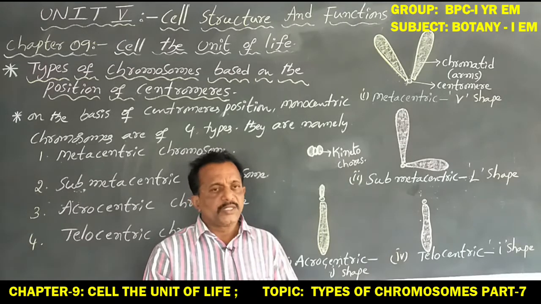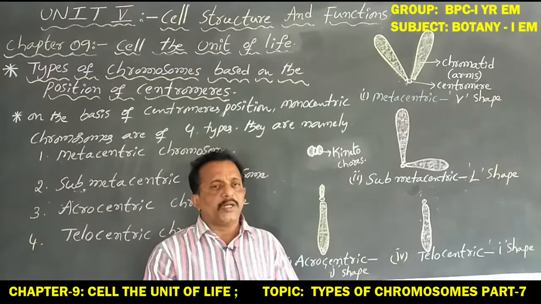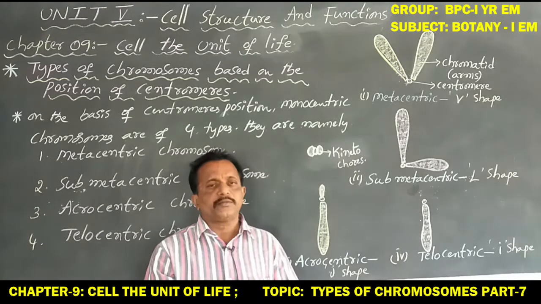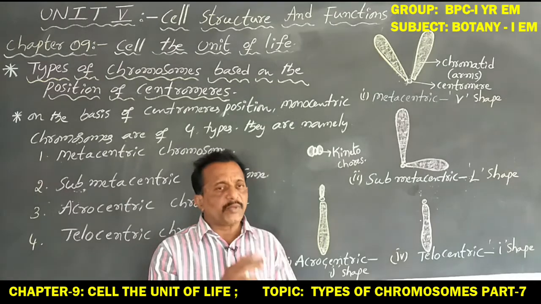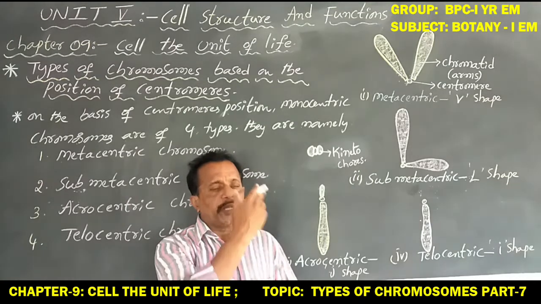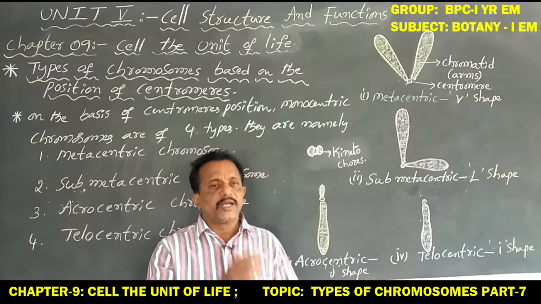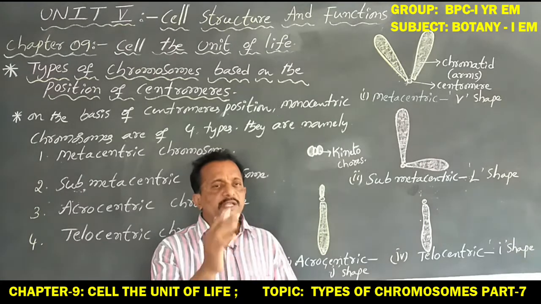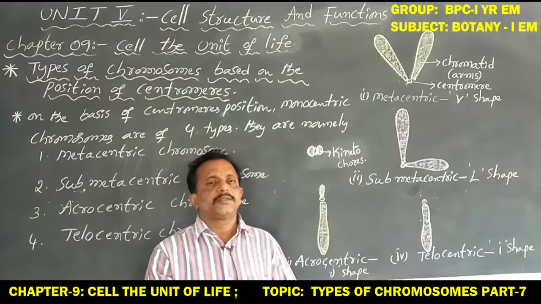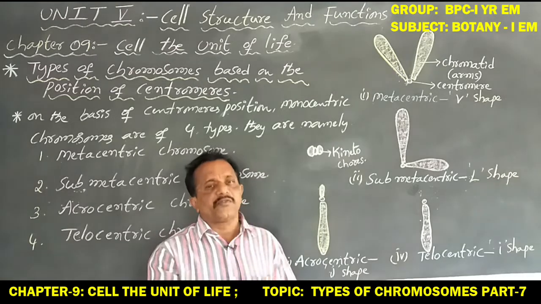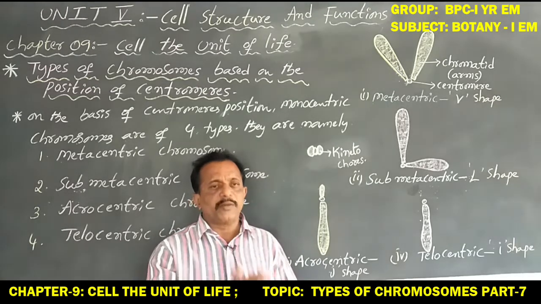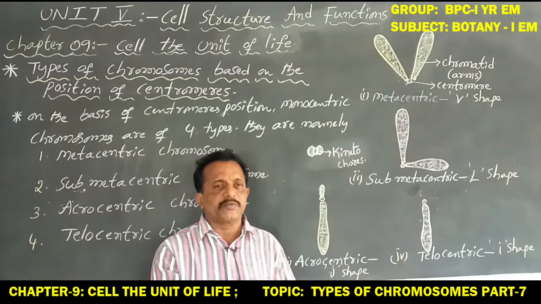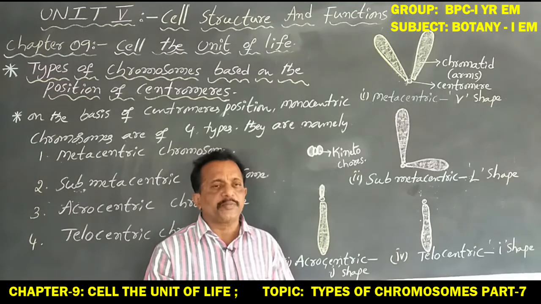Most of the chromosomes are clearly shown in metaphase. Then well-developed chromosomes appear in anaphase. In anaphase, the chromosomes have different kinds of structures. Some appear V-shaped, some L-shaped, some J-shaped, and some I-shaped.